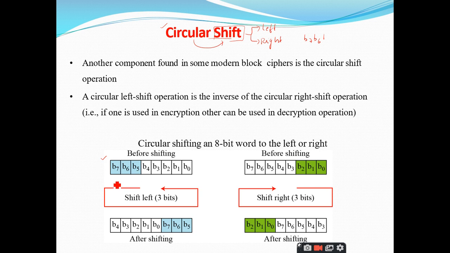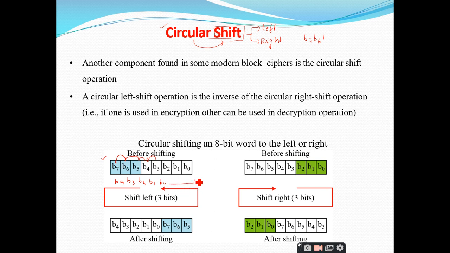Before shifting, I have the 8 bits like this: b0, b1, b2, b3, b4, b5, b6 and b7. If it is a normal left shift of 3 bits, everything will move here like this, so whatever I get here is b4, b3, b2, b1 and b0.